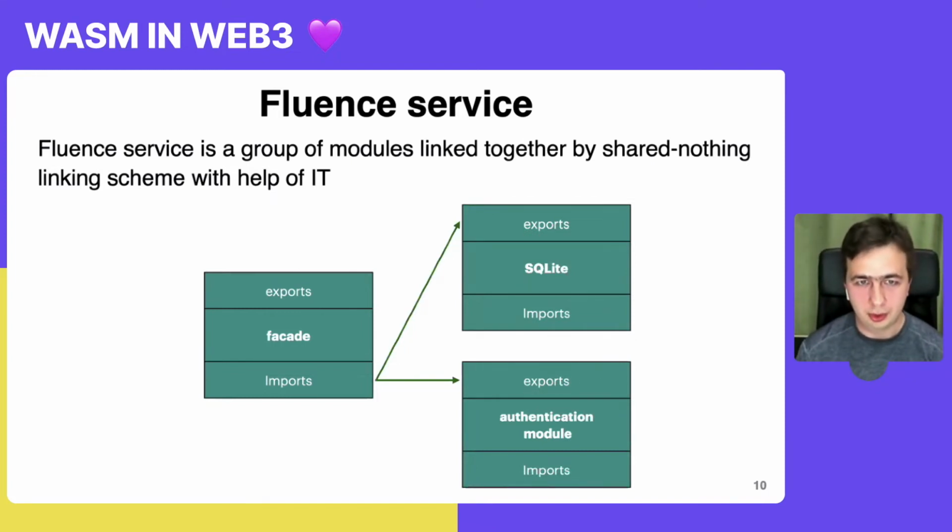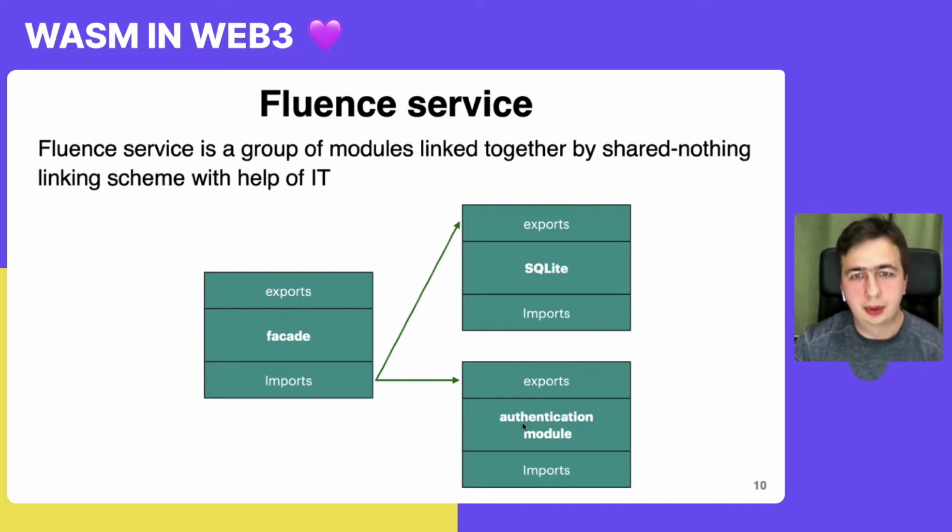consists of 3 modules. One is a facade, the one that just exposes the API of all services. And the second one, for example, could be some database like SQLite. We have SQLite ported to WebAssembly, also in such a way that it is compatible with other modules and with interface types wrapping in our Marine.